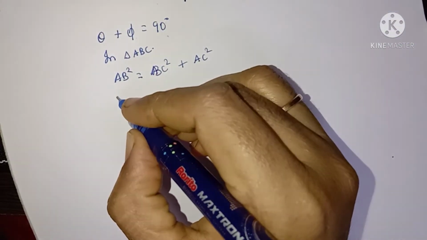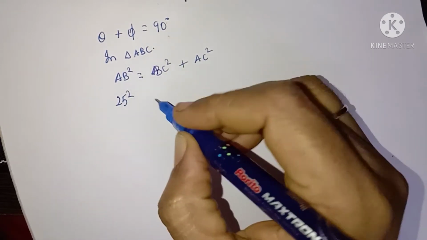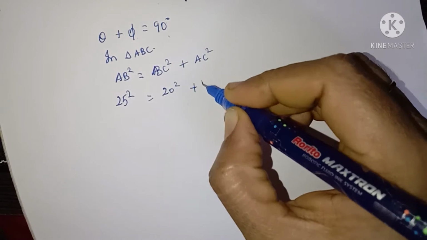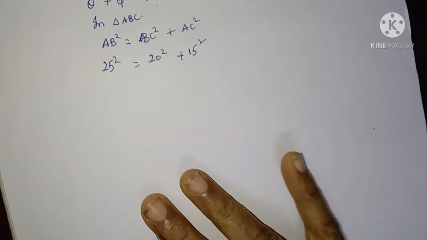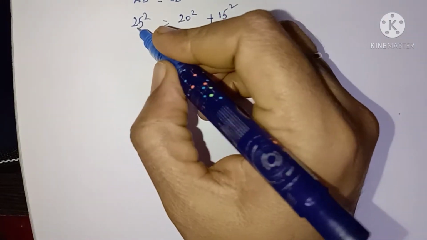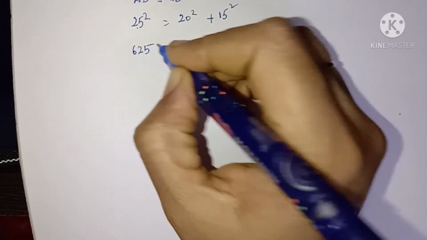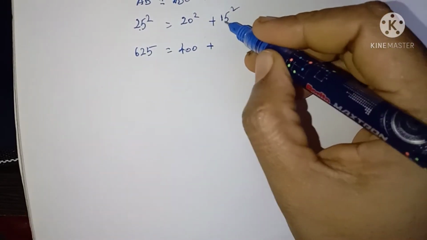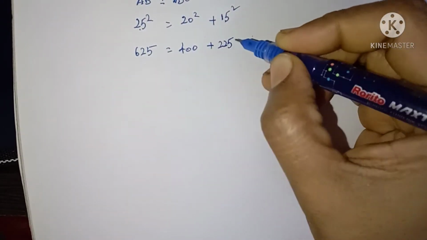AB square is 25 square, which is equal to BC is 20 square plus AC is 15 square, which is equal to 25 square is 625, 20 square is 400 plus 15 square is 225.